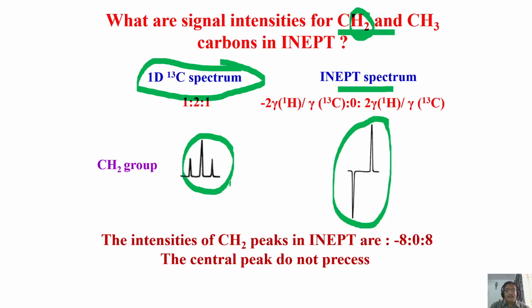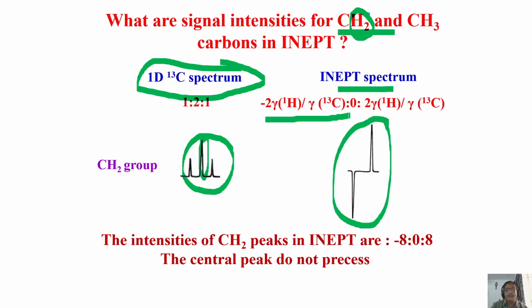The reason is the central component of this triplet does not precess at all. It is always along this axis. Only fast moving and slow moving components start moving and start dephasing, moving in the opposite direction. But the one which is at center will not precess at all. It is along the same axis always. So as a consequence, that is not affected.